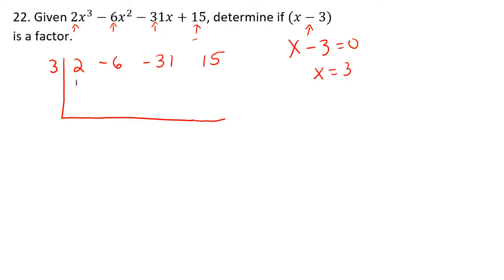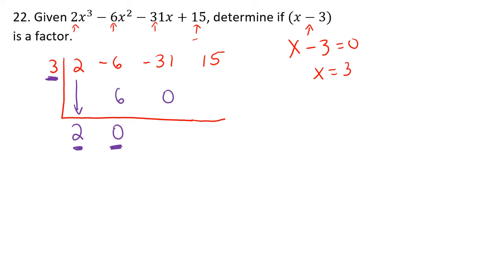So first thing I'm going to do, I'm going to drop the 2 down like so. Now I'm going to go 3 times 2. That gets me 6, and I'm going to write it inside the L. Negative 6 plus 6 gets me 0. Now I'm going to do it again. 3 times 0 gets me 0.